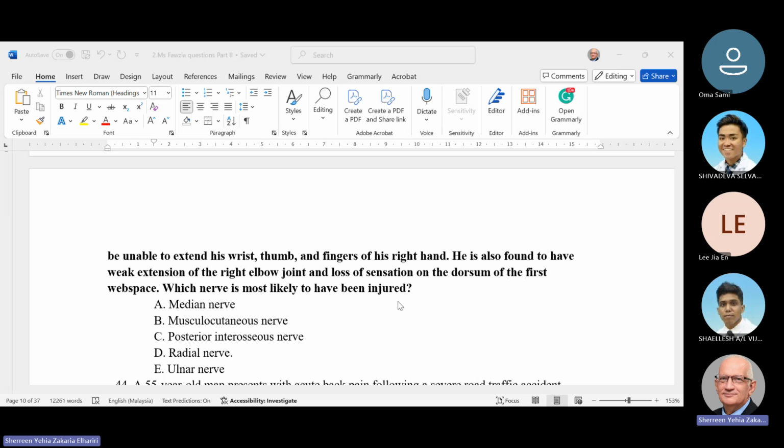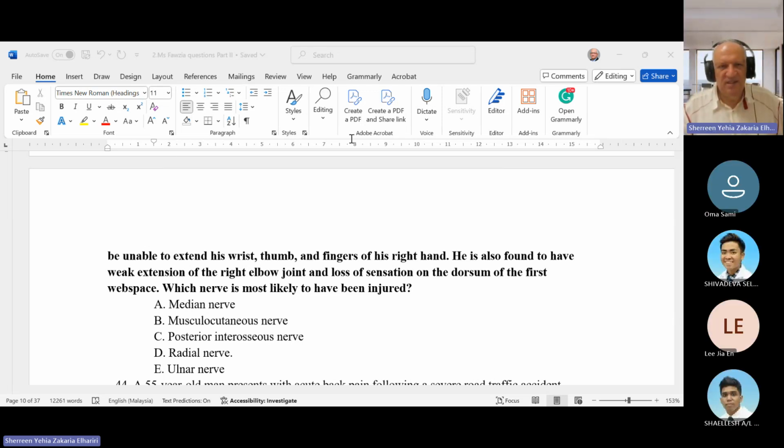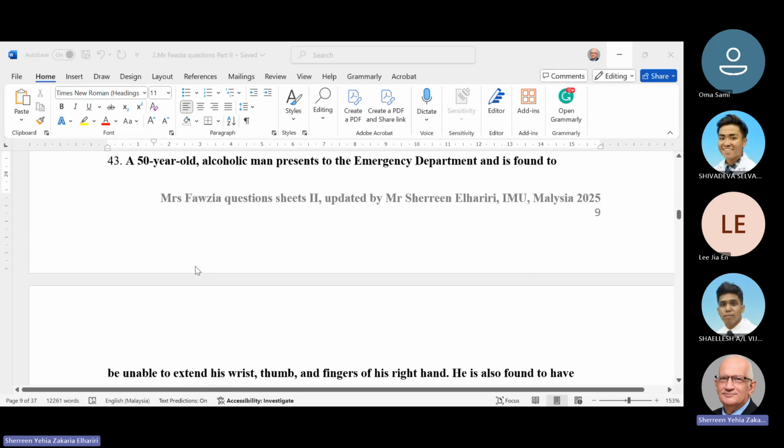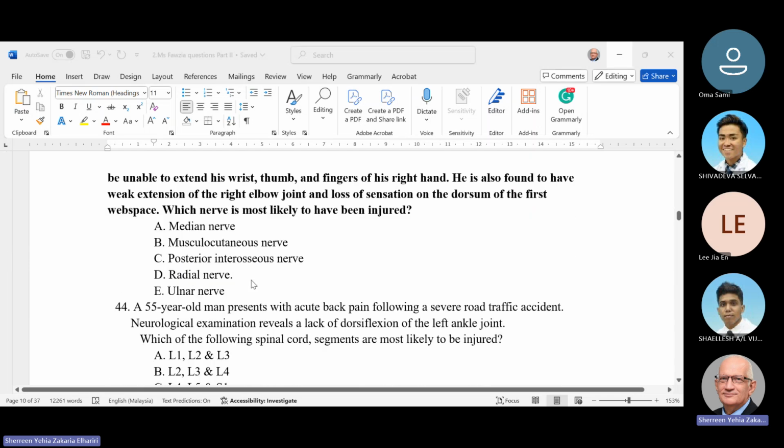Which nerve is most likely injured? This is an easy question. He has loss of sensation in this area, what we call the first web. If you have loss of sensation in this area alone, it indicates which nerve? Anyone? Yes, it indicates the radial nerve.